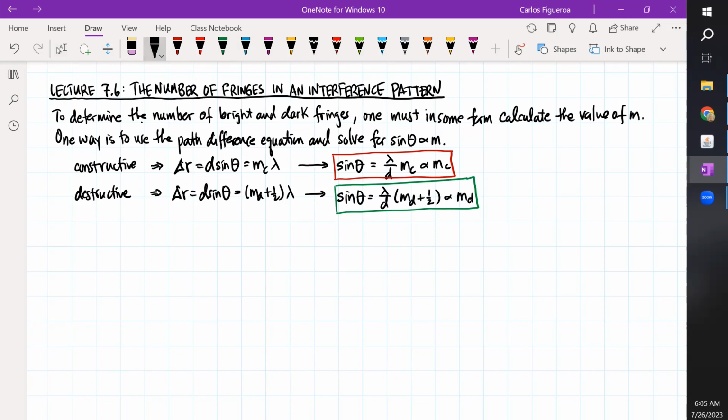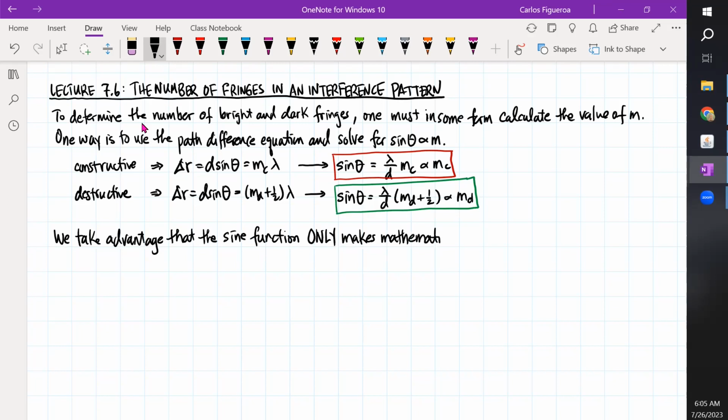So how do we do this? We take advantage that the sine function only makes mathematical sense if sine of theta is less than or equal to 1.